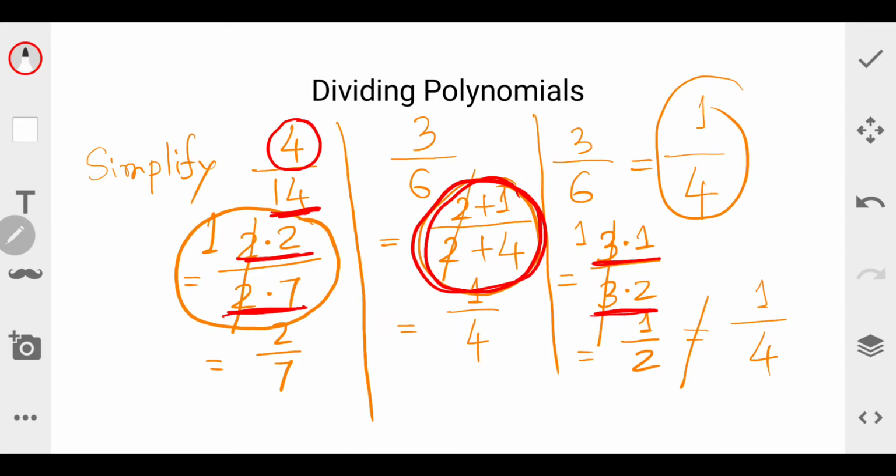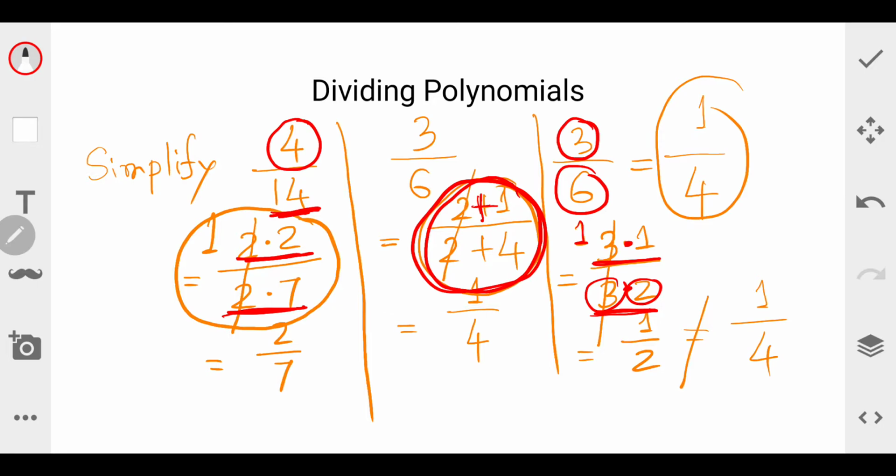So you are rewriting 3 into 2 numbers, 3 and 1. 6, you're doing 3 times 2. Only in this case we can cancel them, because look at the operation here. This is multiplication. Okay, and multiplying something by 1 will not make a difference, but here we are adding them. Okay, when you're adding them, they're not factors of 3 or factors of 6.